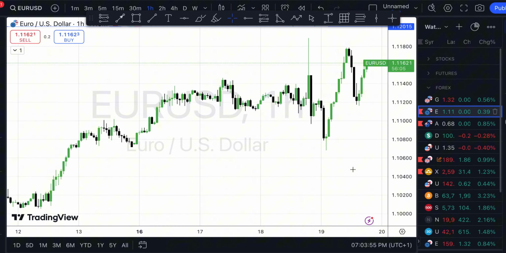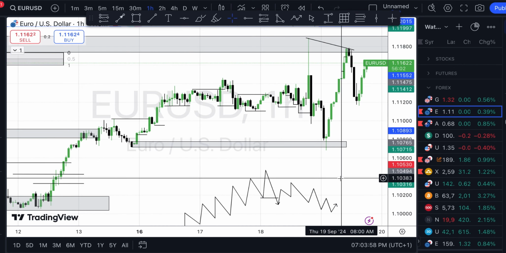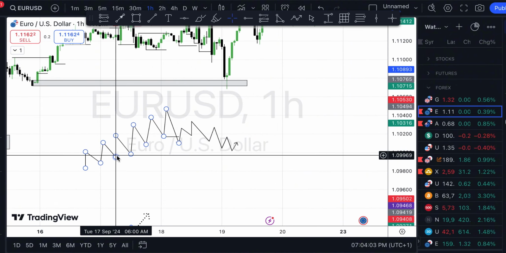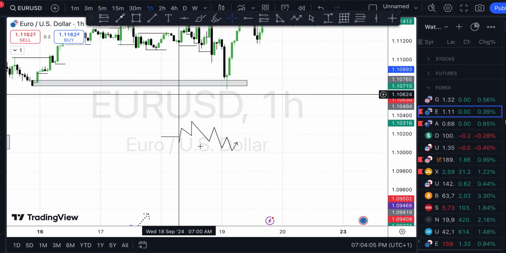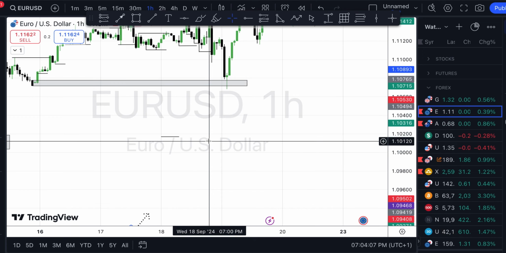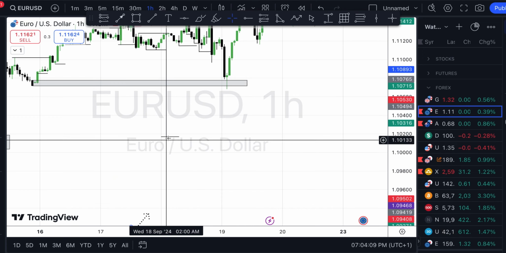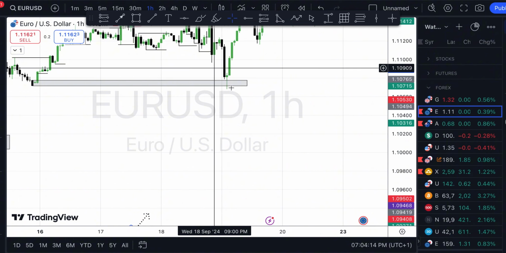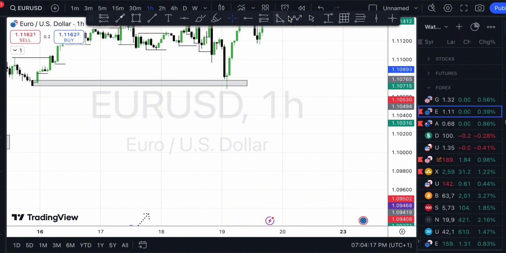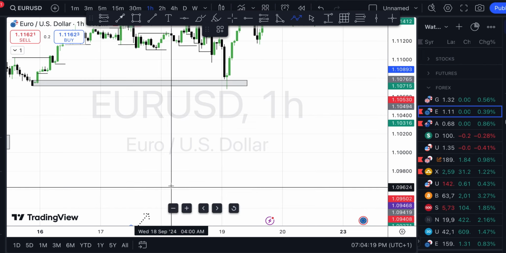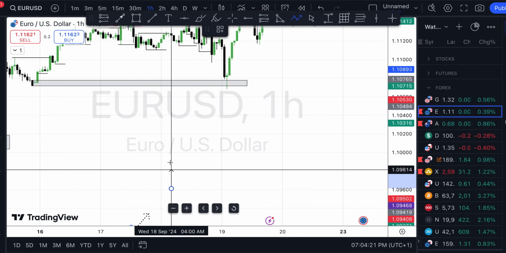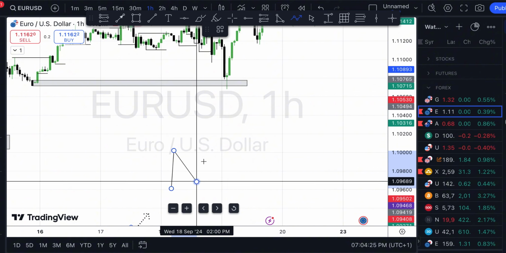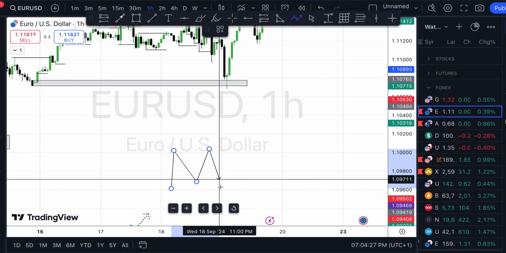So let me show you an example of a ranging market. We have the uptrend, we have the downtrend, and we also have what we call a ranging or consolidating market. So this is how price consolidates. It does something like this, something like this.